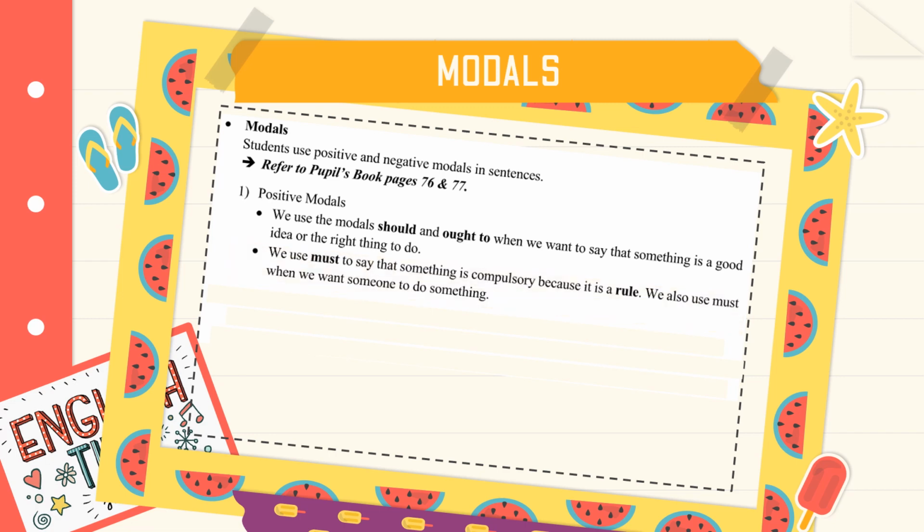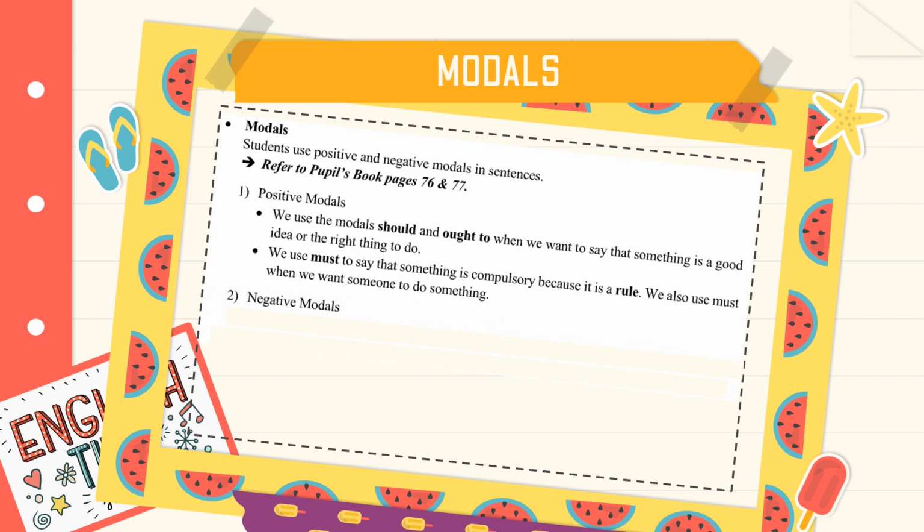And we use must to say that something is compulsory because it is a rule. We also use must when we want something or someone to do something. Okay? So there will be a consequence if you do not do that something, if you use must. Okay?